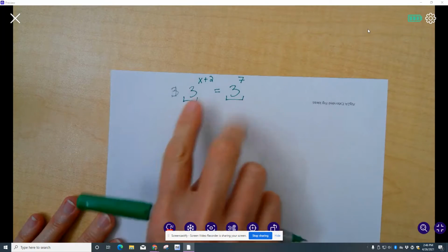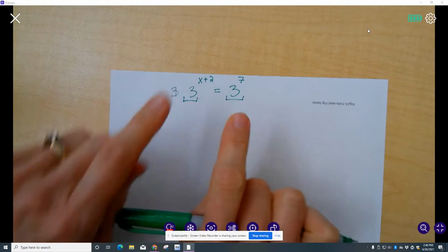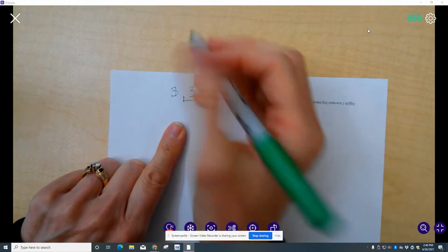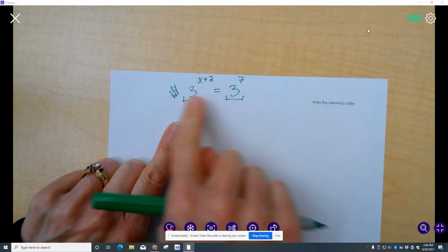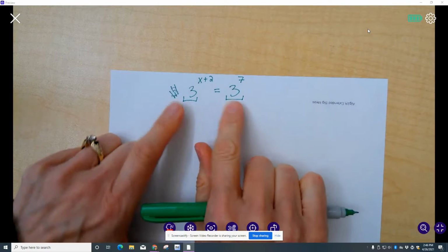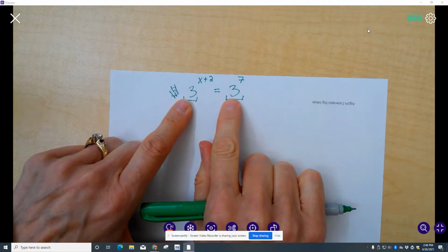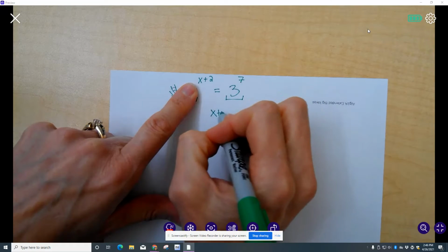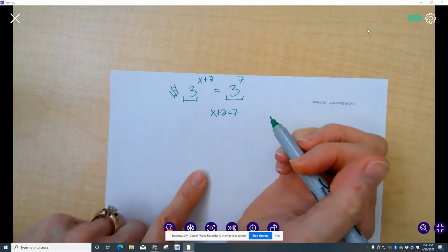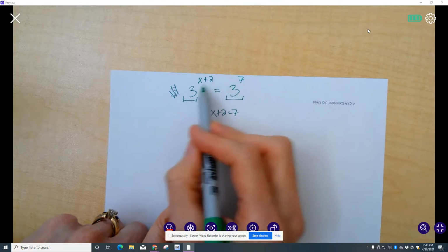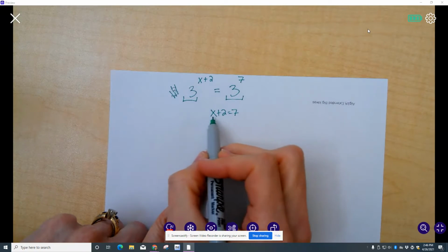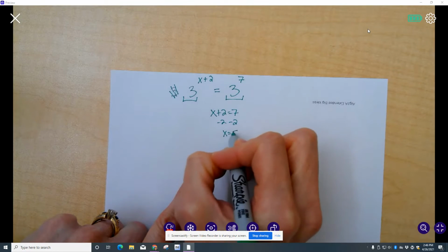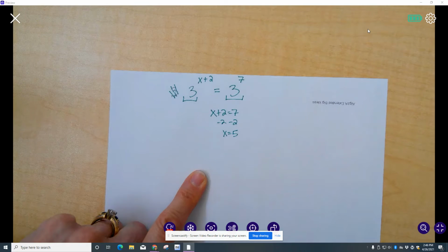When your bases match and you have an equal sign in the middle, the 3's are already equal. 3 equals 3. So it must be true that x plus 2 equals 7. So when your bases are the same, you can set your exponents equal to each other, and then you would just solve this equation, minus 2 from both sides, and you would get x equals 5, right?